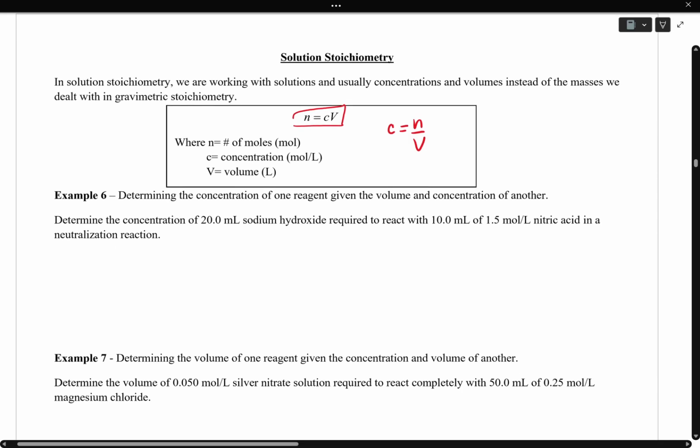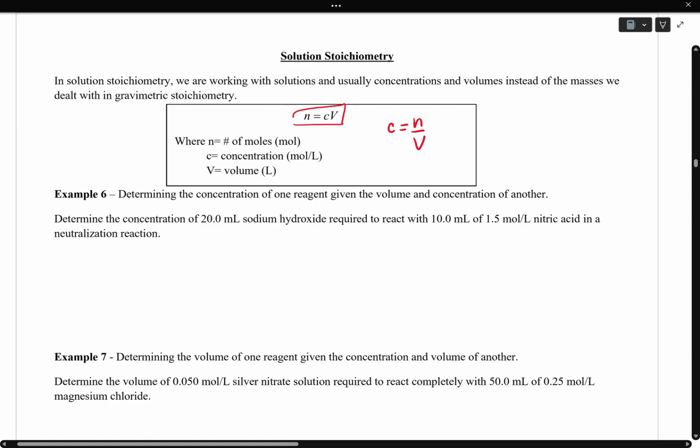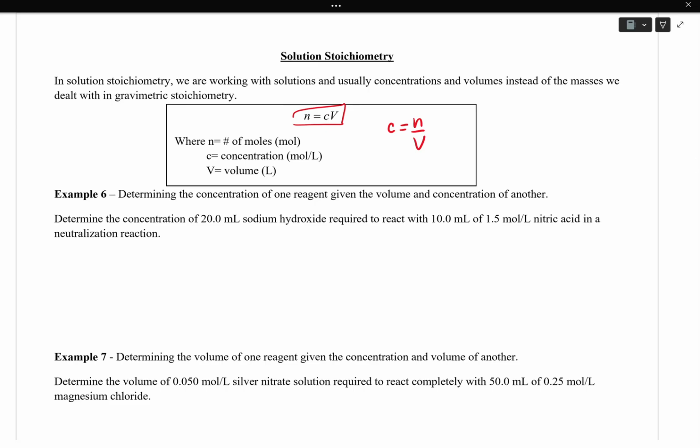Okay, so just like all the other ones, we're going to start out by writing out a balanced equation, and then we'll list everything underneath each reagent that we get information for. So we want to determine now in example 6 the concentration of 20 mL of sodium hydroxide that's going to react with nitric acid in a neutralization reaction.